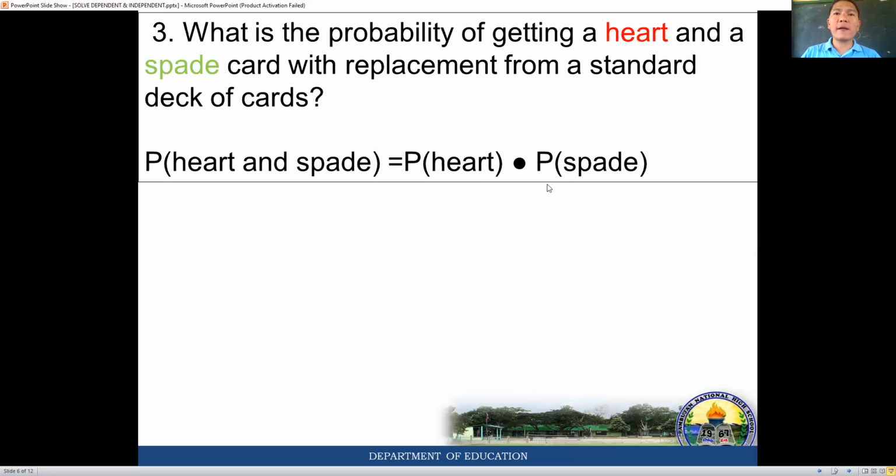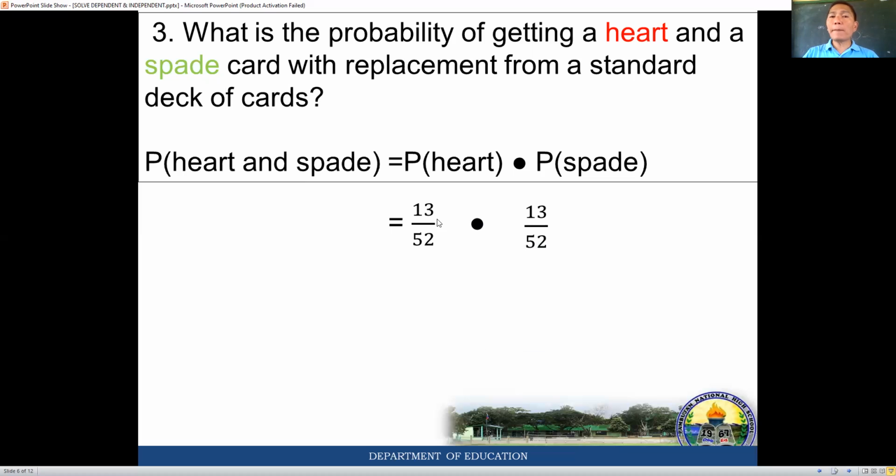So how many hearts are there in a standard deck of cards? There are 13. So the probability of getting a heart is 13 over 52. And then the probability of getting a spade card, how many spade cards are there? There are also 13. So 13 over 52.